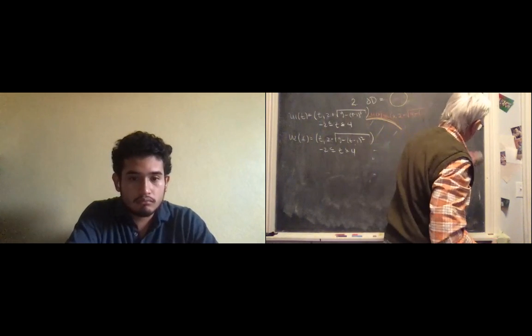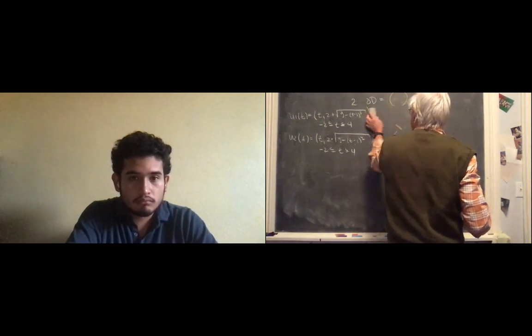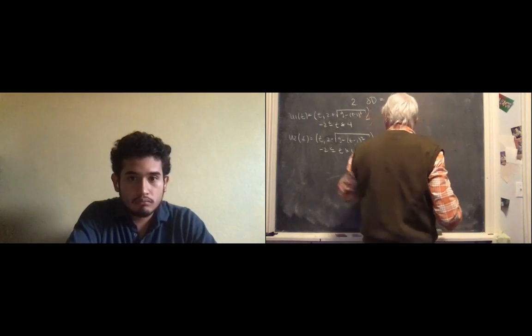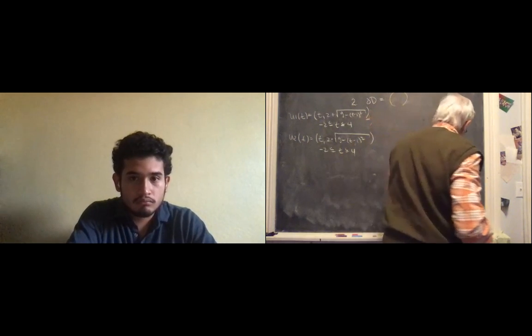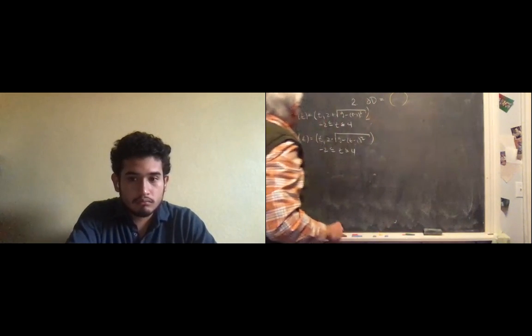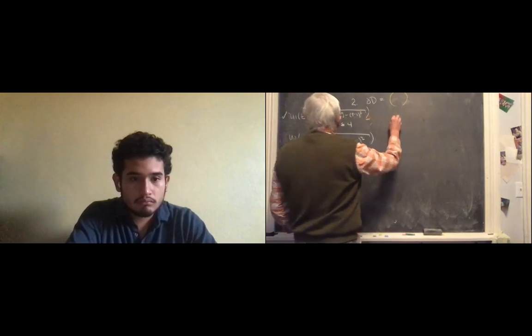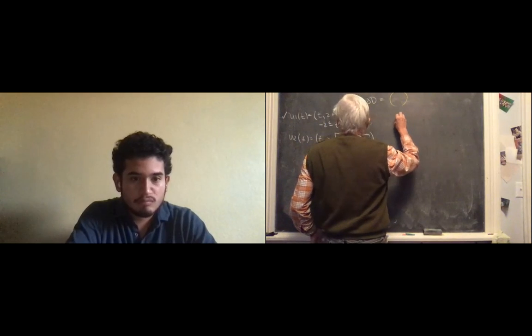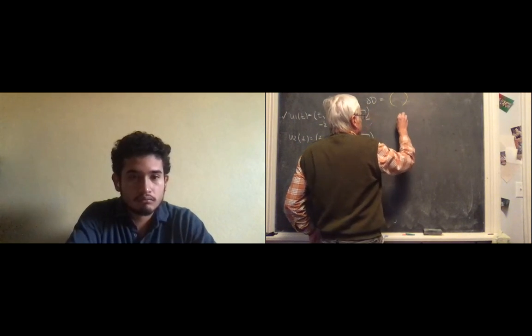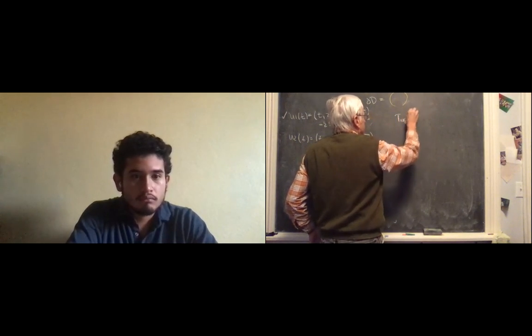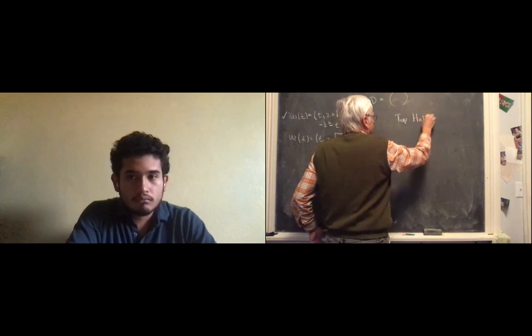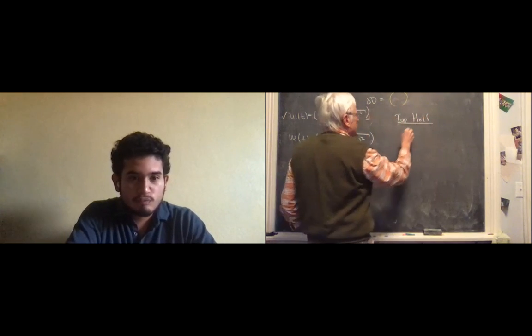So we have to do the same thing for either one. And we'll begin with u1. And u1 is just the one for the top half, the top semicircle.